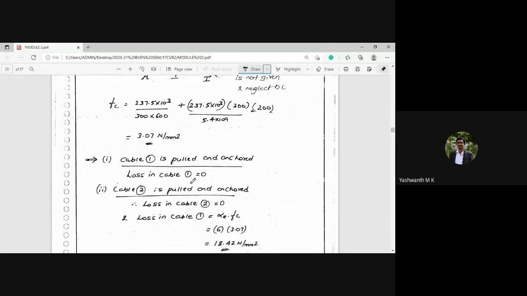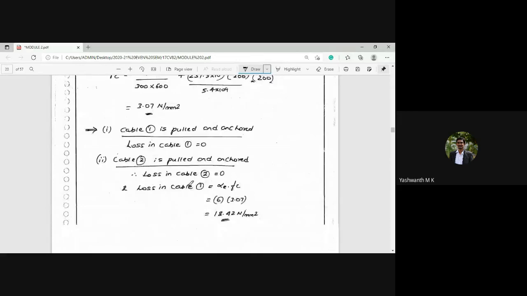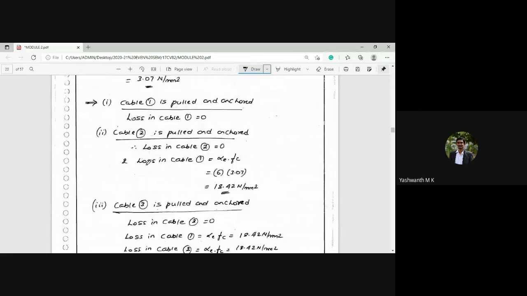Next, go to cable 2. Already cable 1 is there. Now you are putting the second cable. Cable 2 is pulled, anchored and induced the pre-stressing force. At this particular instance, the loss in cable 2 will become 0, but the losses in cable 1 will be there. How to calculate that?